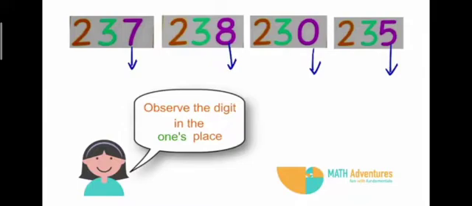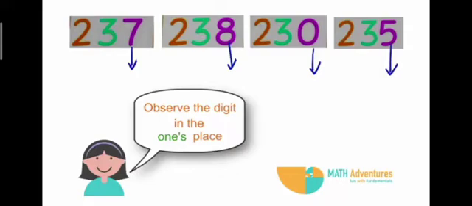So, students, now I hope you can easily tell me which number is smallest and which number is greatest. Now, tell me among 7, 8, 0 and 5, which number is smallest? Yes, 0. And after 0, bigger than 0 is 5, bigger than 5 is 7, bigger than 7 is 8. So, 8 is greater than 7, is greater than 5, is greater than 0.